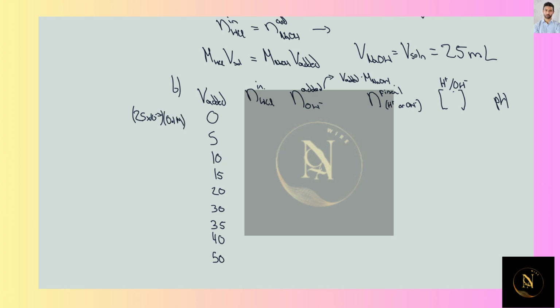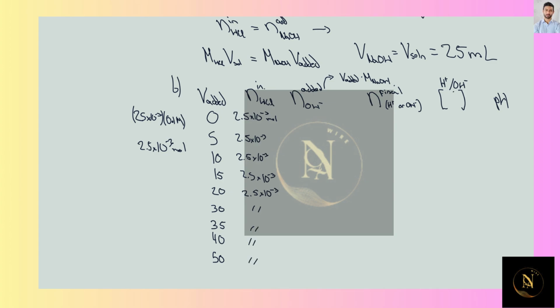This is going to be 2.5 times 10 to the minus 3 mole. And that value is going to be kept constant at every step of our solution, and so on until the very end.